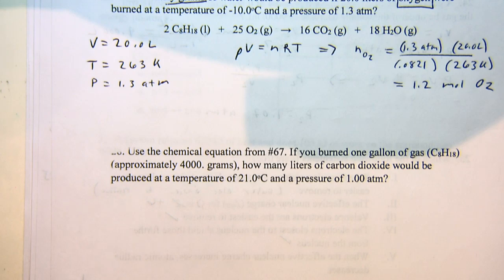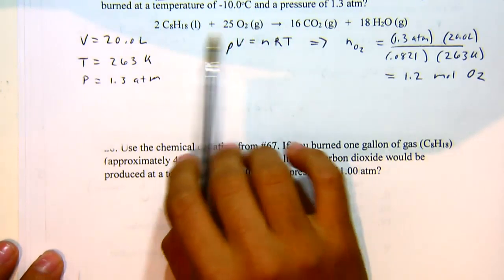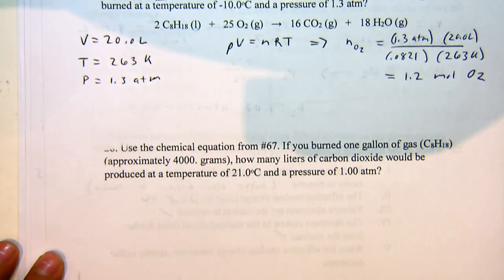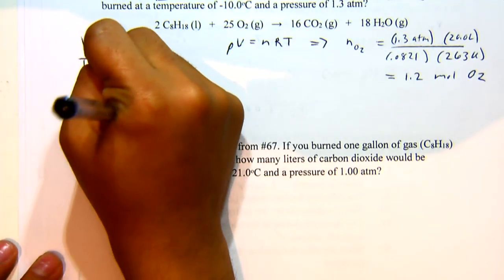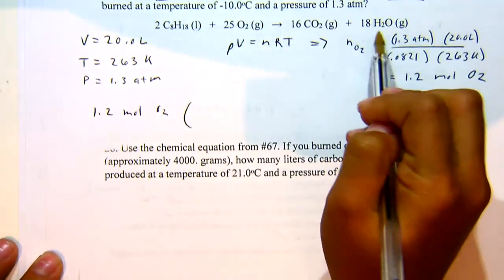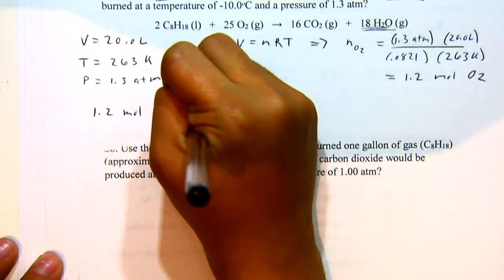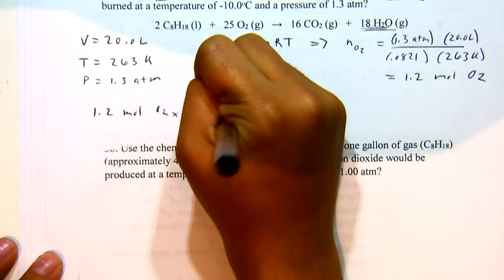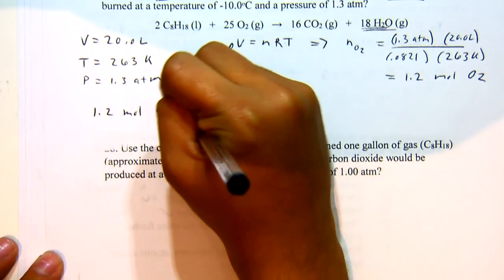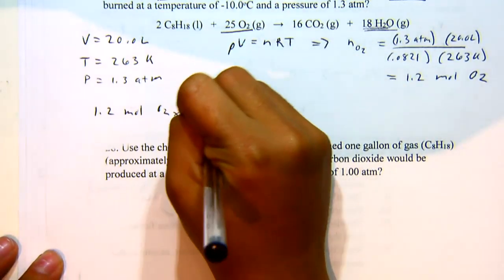Now, it's asking for how many grams of water were produced. So we have to use the amount of moles that we know we have and this equation to get a ratio. It's going to be 1.2 moles of oxygen times 18 moles of H2O per 25 moles of oxygen.